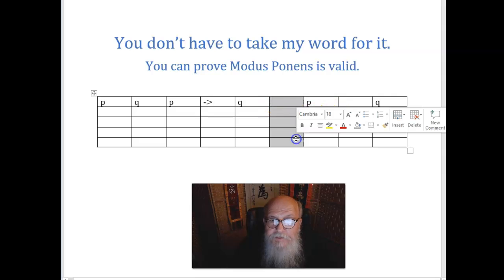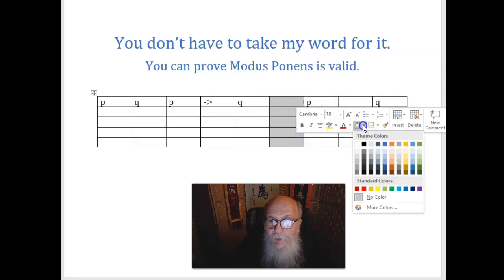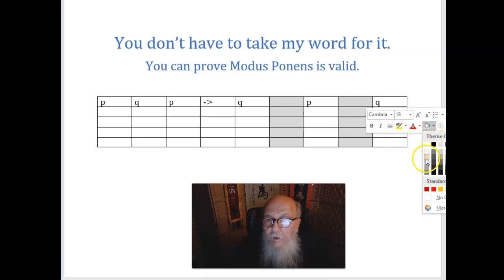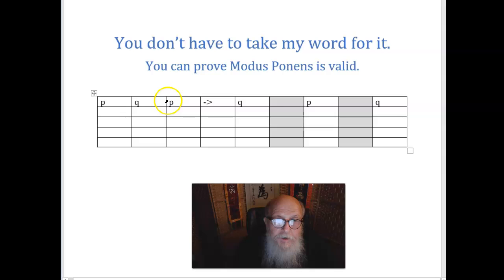So I'm just going to grayscale that and grayscale that. And now I want to number my premises. There's premise 1. There's premise 2.